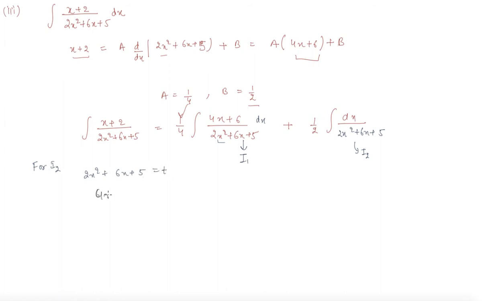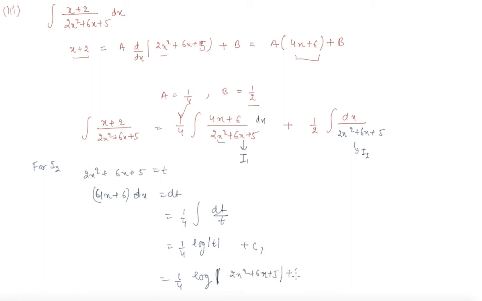So 4x plus 6 dx equals dt. So what I will get is 1 by 4 dt by t. So this is 1 by 4 log of t plus c1. So this is 1 by 4 log of (2x square plus 6x plus 5) plus c1.